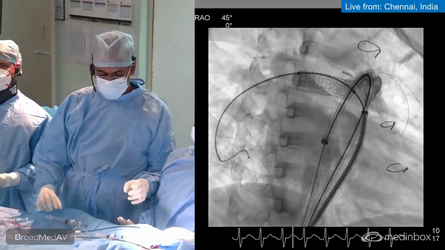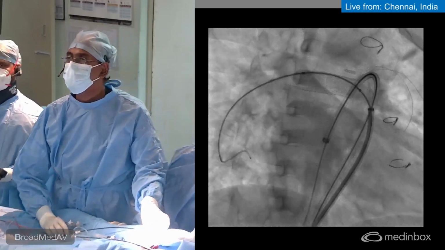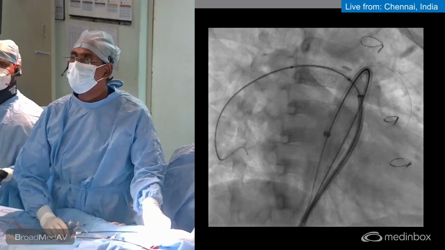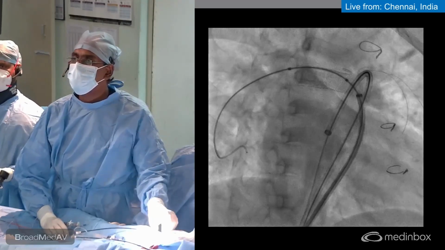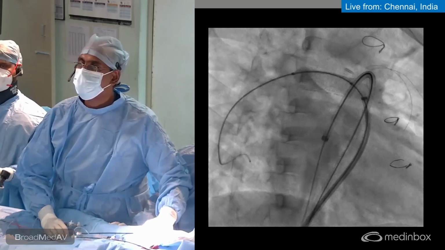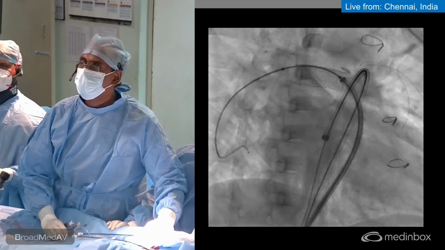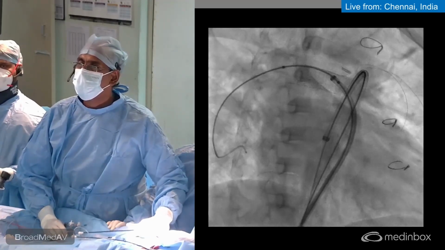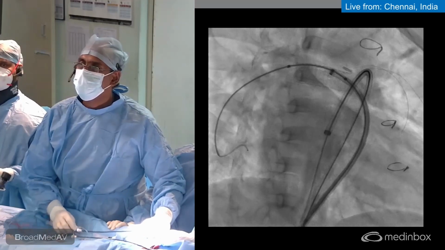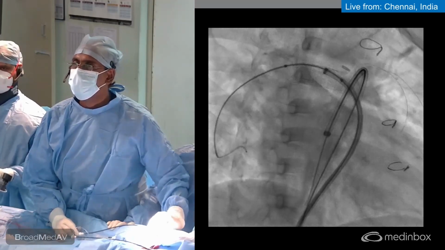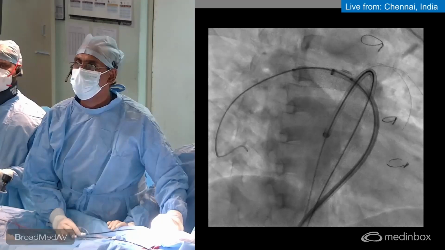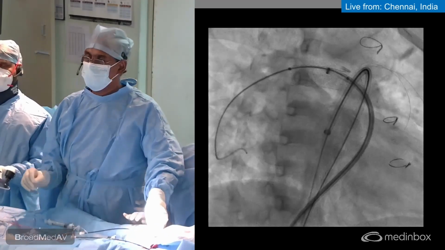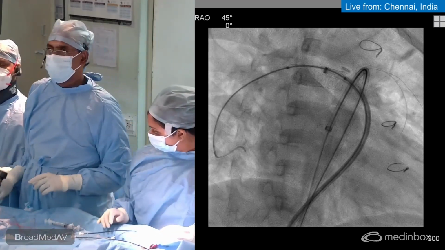So at this point, what I will do is I will use the sheath to enter into the stent. Okay, hold the sheath. Should I inflate a bit?